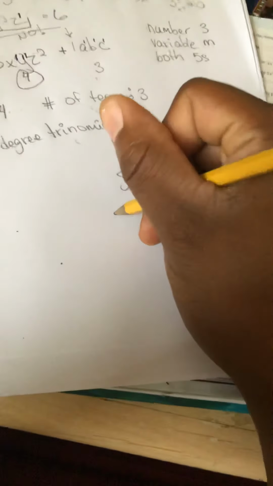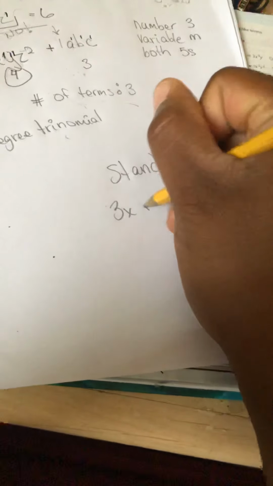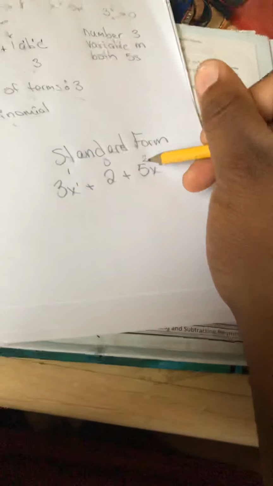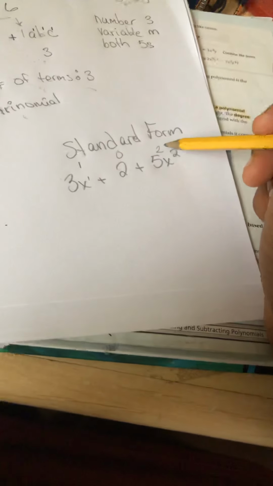So let's say I had 3x plus 2 plus 5x to the second power. I need to just look at the degree. Because this has no exponent, this is 0. Because this has one exponent and that exponent is 1, this is 1, and the exponent here is 2. I'm going to put them in the order from greatest to smallest, from biggest to littlest, from greatest to least.